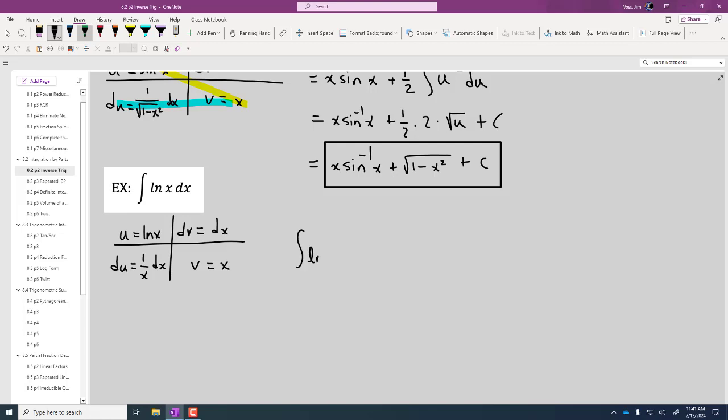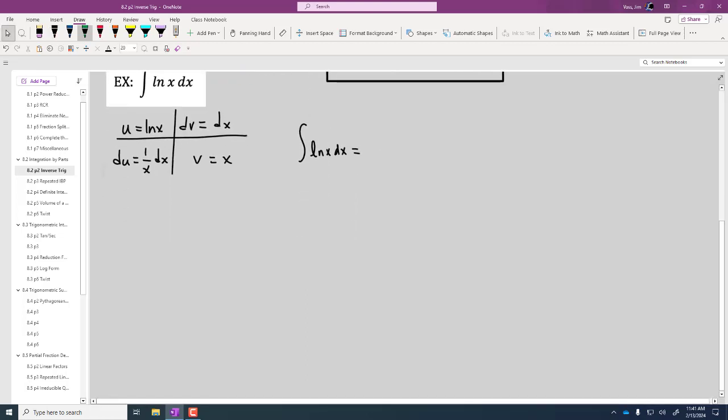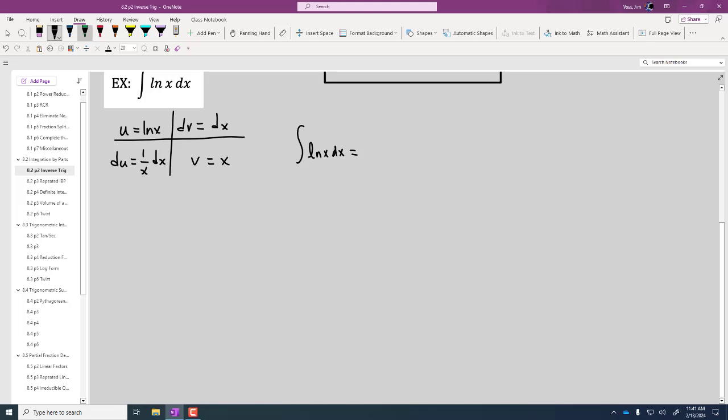And so here's where we're at. The integral of natural log of x dx is u times v. u times v is x ln x, uv, minus the integral of v du. And what is v times du?